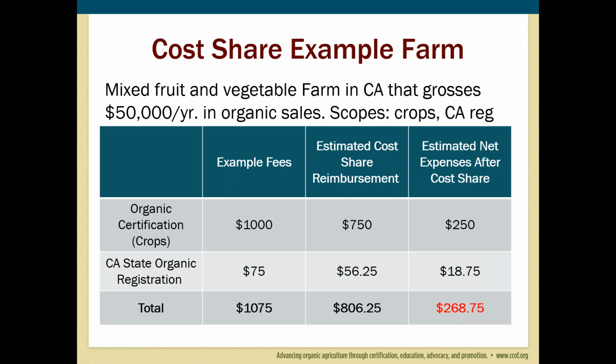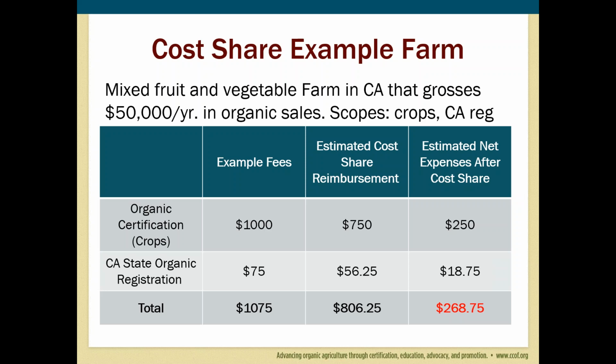Let's say the organic certification fees, which include the inspection costs, total $1,000. You're going to be eligible for a cost share reimbursement of 75% of that, up to $750, so the full $750 in this case, which brings your certification cost down to $250 net after you receive that reimbursement.